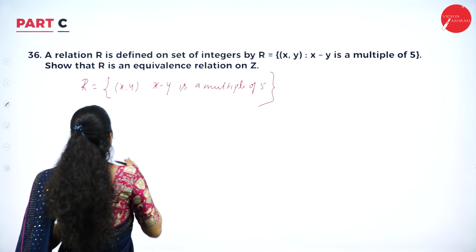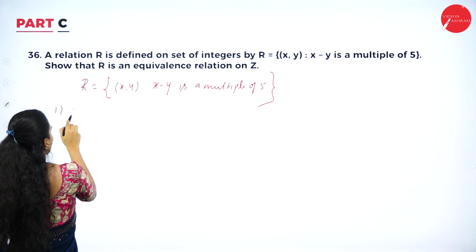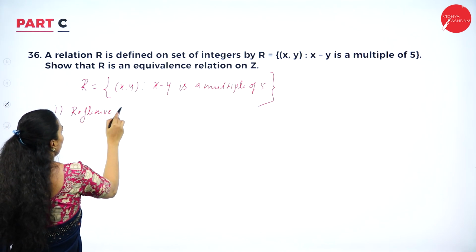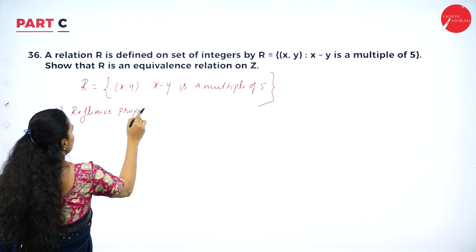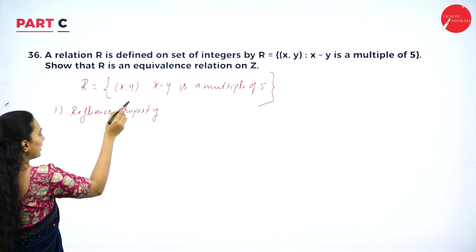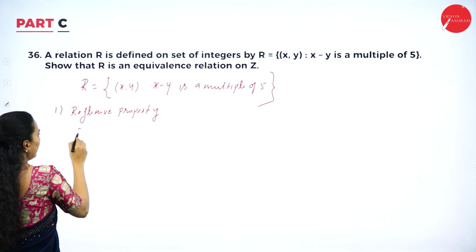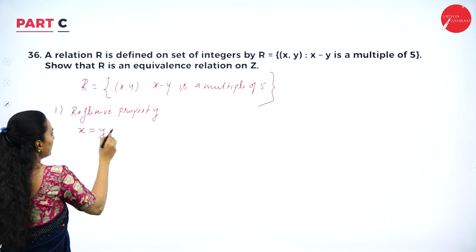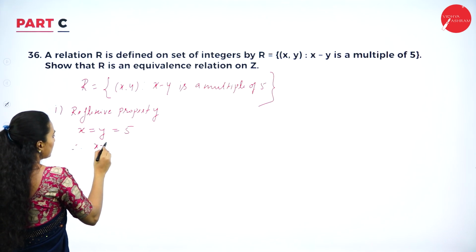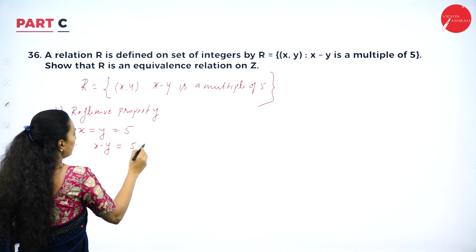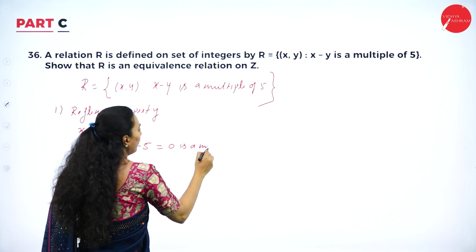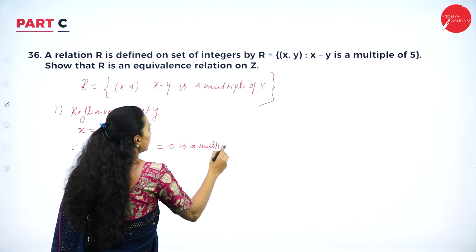Now we'll be taking, for the first, the reflexive property. As we know, they have given x minus y. So I am going to take x equals y equals 5. Therefore, 5 minus 5 is equal to 0, which is a multiple of 5, correct?